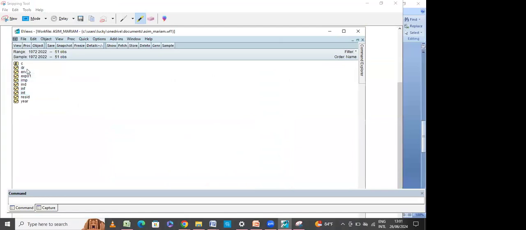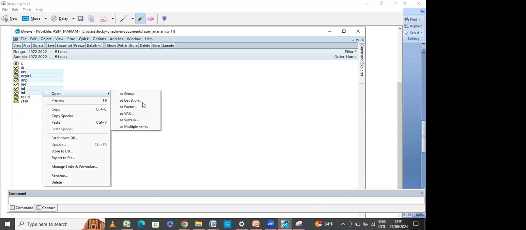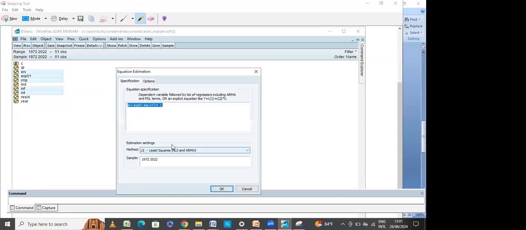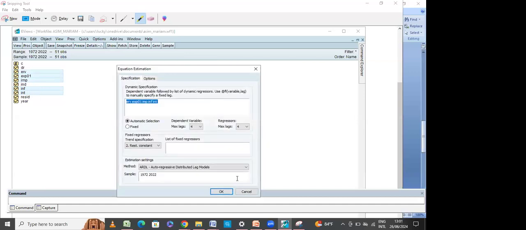Okay, so now I have selected my short run. I need to compute my short run. So let me go for my short run estimations. I select my variables for short run. Equation. I go for my short run.